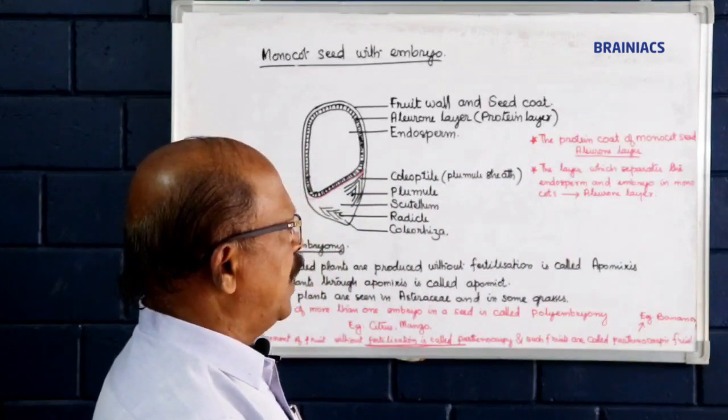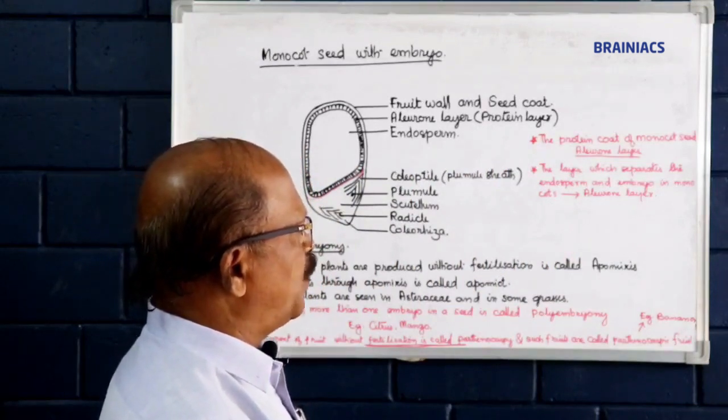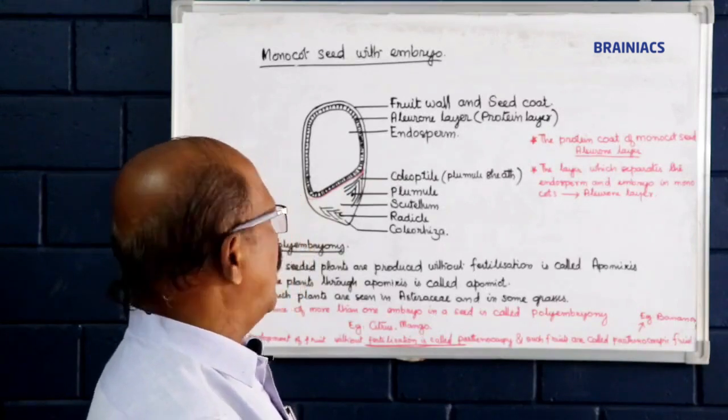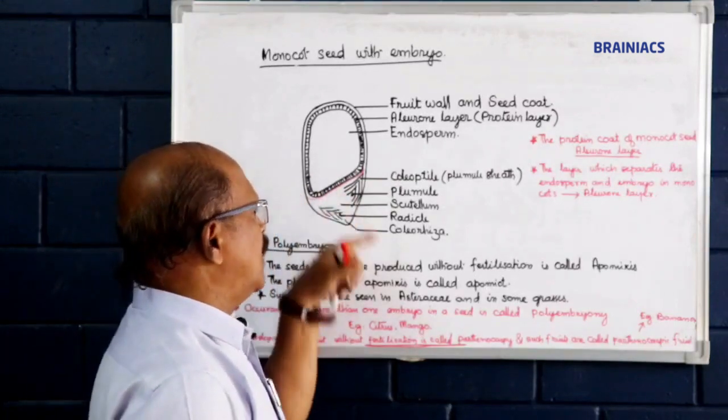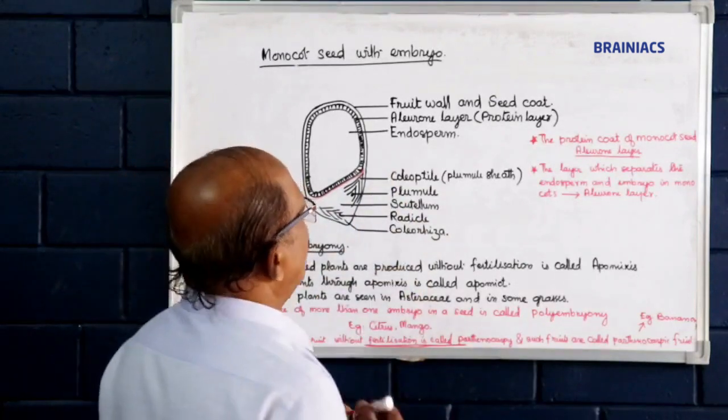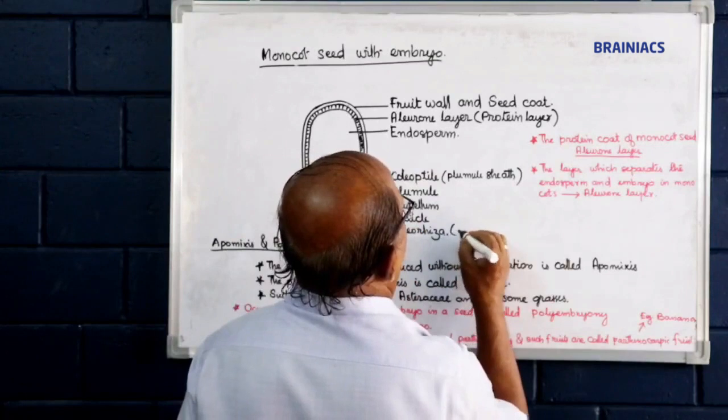The layer which separates the endosperm and embryo in monocots, aleurone layer. These are the 2 important questions. Others are given. Coleorhiza, the radicle sheath.